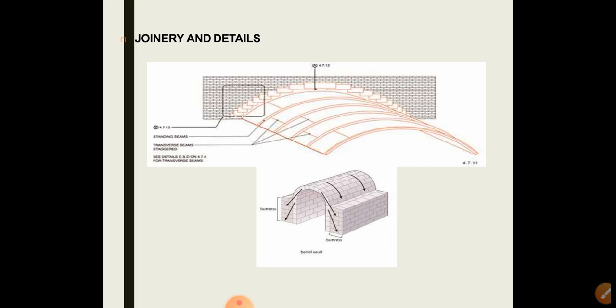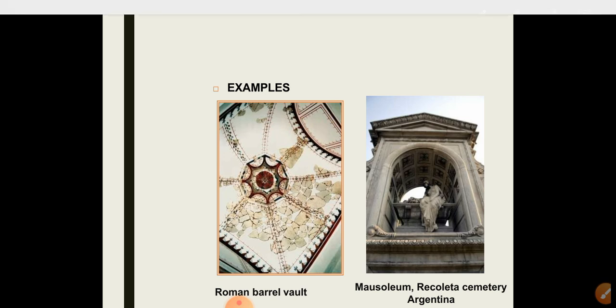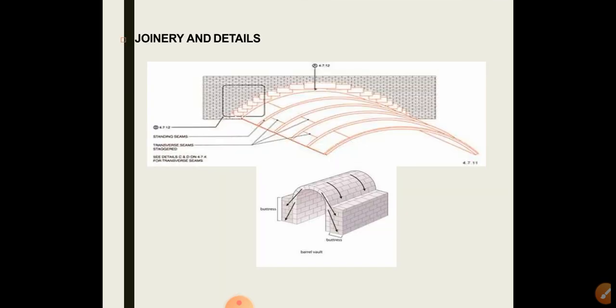Next, these are the joinery details given, showing how the joints are provided in the barrel. Here the thrust is generated against the wall, which when it fails, buttressing should be done.